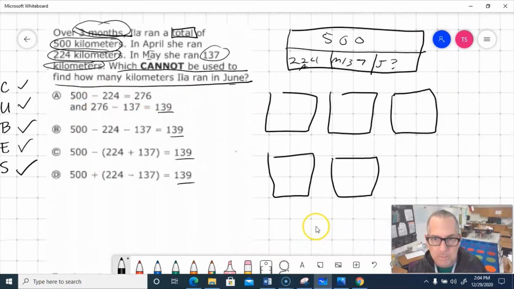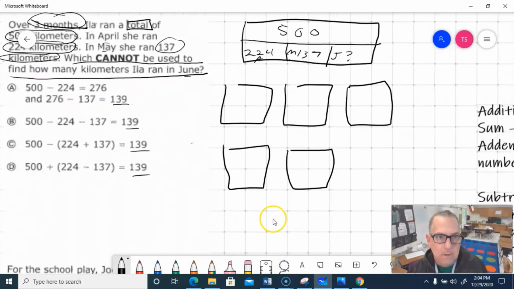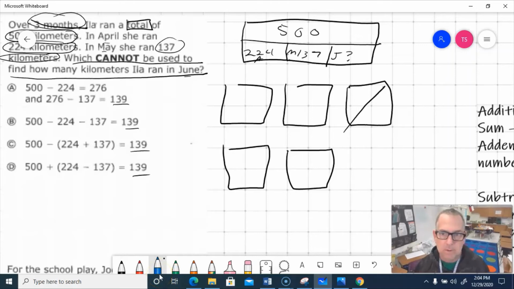Scoot over here a little bit, give me a little more room. Okay, first thing I'll do is take away the 224, this 224 kilometers that she ran in April. I like to always start in the ones place. I don't have any ones to take away, so I'm going to have to do some regrouping right here. I'm going to use blue.